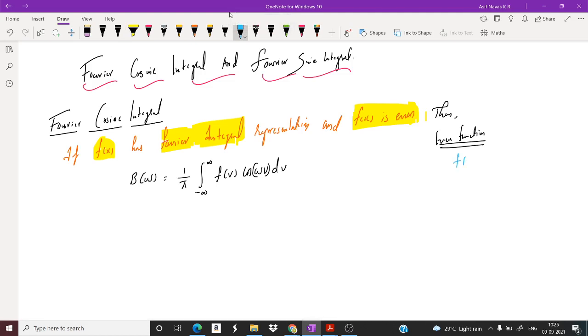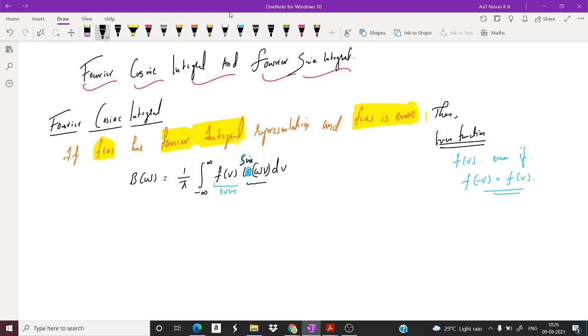A function f of v is even if f of minus v equals f of v. Here, the integrand has sin omega v.